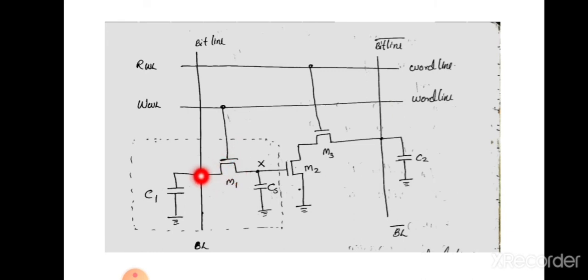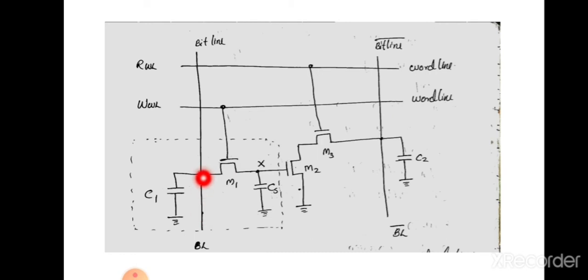So when the voltage here is VDD, whenever a current flows through this circuit, the voltage appearing here will be VDD minus VTN. That is because of the threshold voltage of this M1 transistor. So the voltage available here depends upon the voltage in the bit line. If bit line voltage is equal to 1, then here it will be VDD.